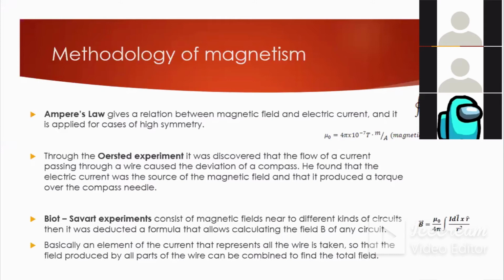Basically, an element of the current that represents all the wire is taken, so that the field produced by all parts of the wire can be combined to find the total field.